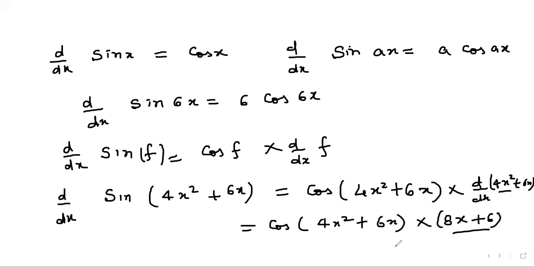We can write this in the beginning. So 8x plus 6 times cos of 4x squared plus 6x. So in this video, this is enough. I will tell you some other shortcut techniques to solve difficult problems. Thank you for watching.